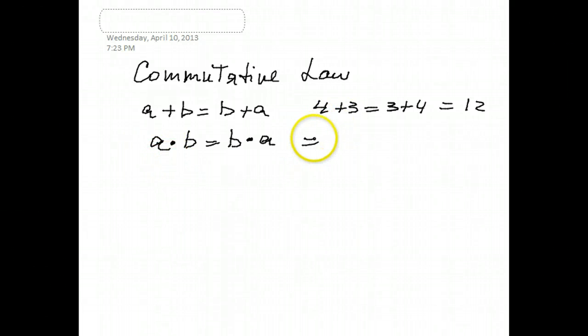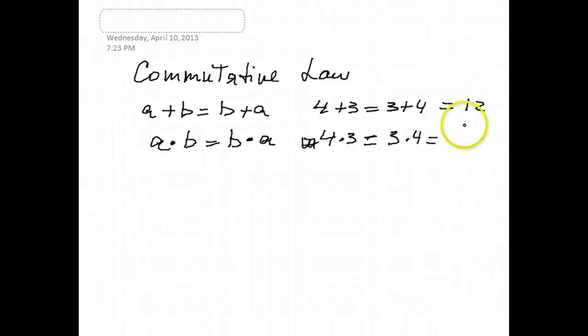So if I multiply 4 times 3, okay, let me erase this. 4 times 3 is equal to 3 times 4, and those are equal to 12. I made a mistake here. It's not 12 here. This is equal to 7, right? Okay. All right. Now, there is the associative law.